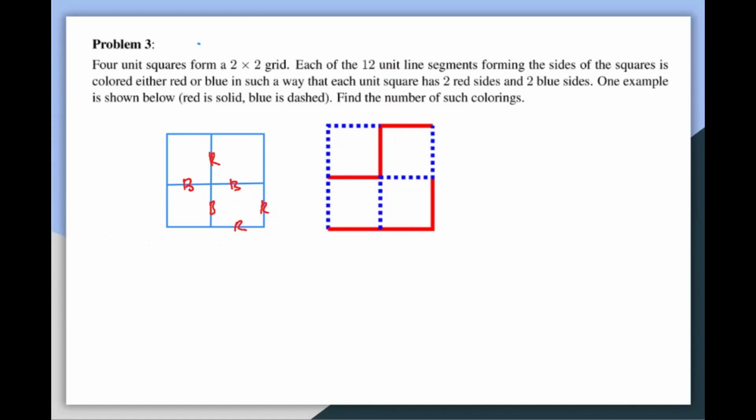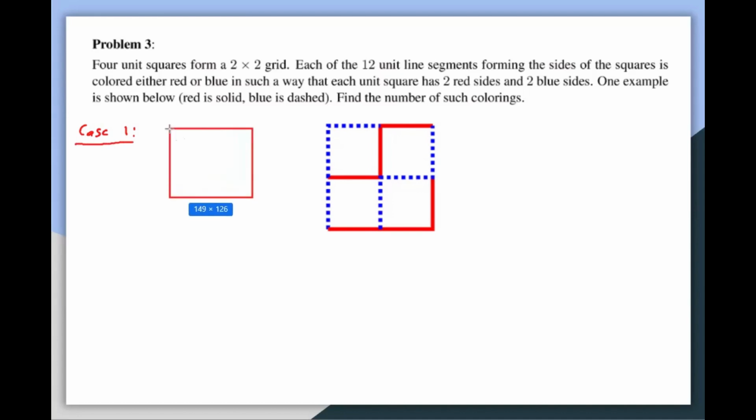Okay, so let's start with that kind of case then. My first case is going to be the horizontal segments. Let's write this case, I'll say 1. Because red is the given color, let's not use them.